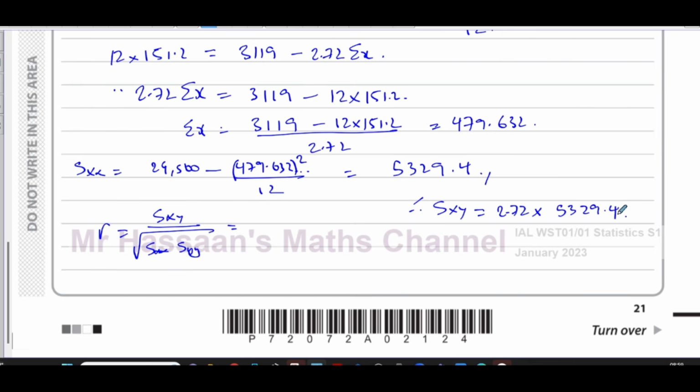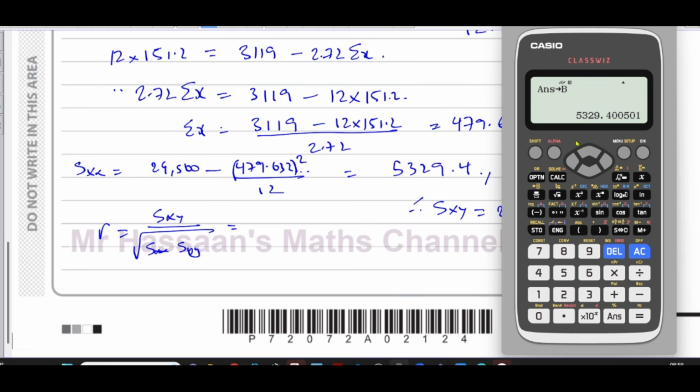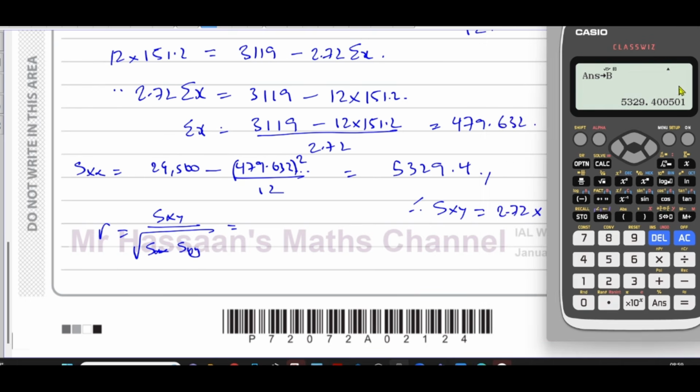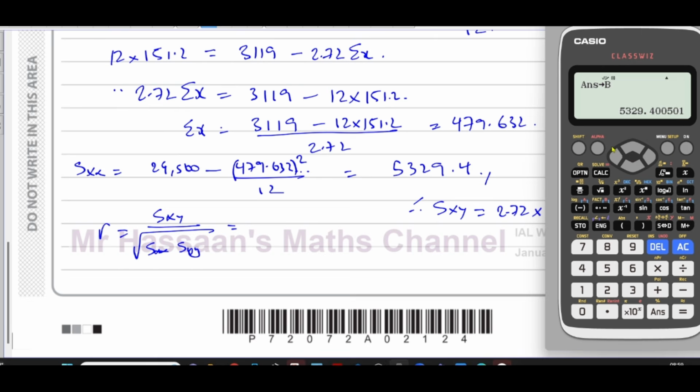All right, so we've got to find what that is first. I can actually put this in directly in this way. So I have my calculator, right? This was my SXX, so I can multiply this by 2.72.